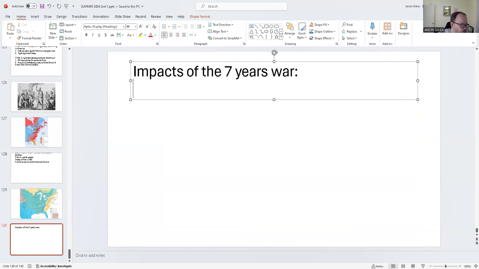Impacts of the 7 Years' War as far as they relate to America. First, British national debt has doubled because of the war.